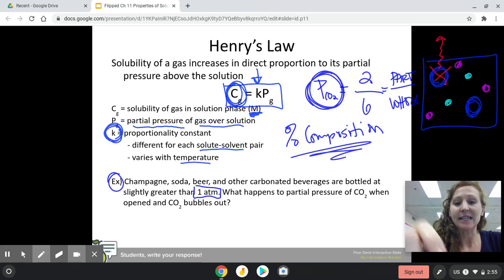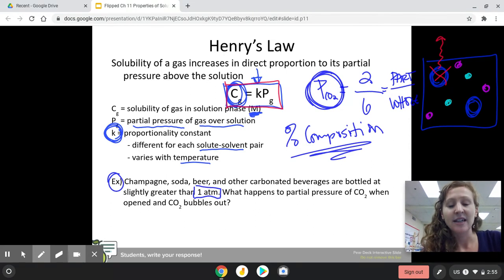And then the reasoning is because, as Henry's law states, solubility of a gas in a solution phase is directly proportional to partial pressure. As partial pressure goes down, solubility is also going to go down. Claim, evidence, reasoning, that's how you should be answering any free response question that asks you to justify your answer.